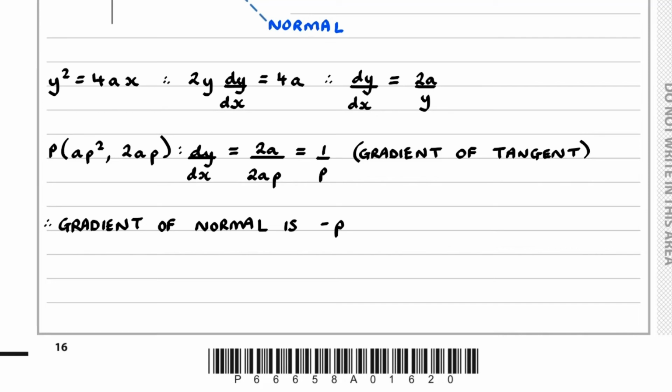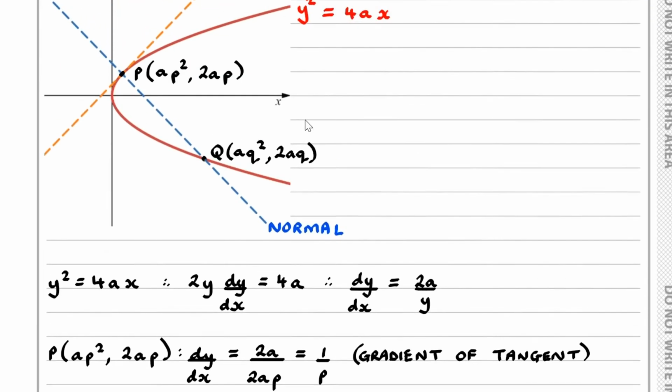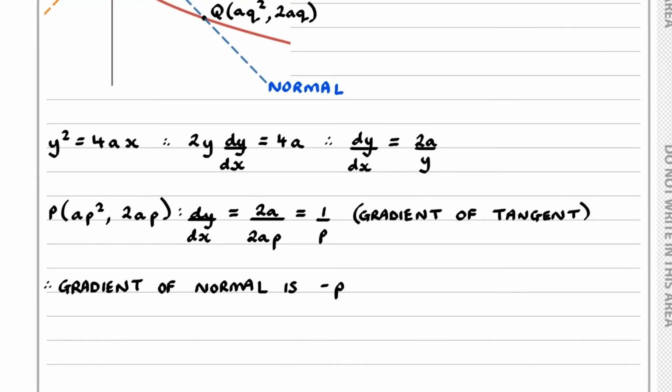So the equation of the tangent will be y - 2ap = (1/p)(x - ap²).